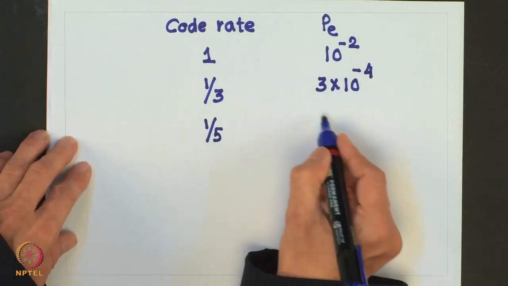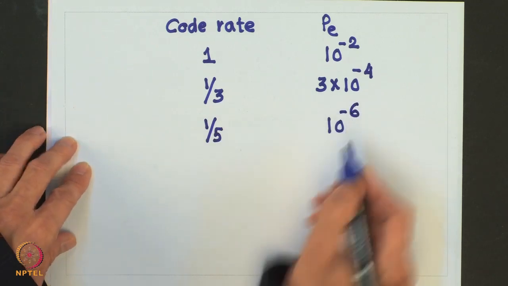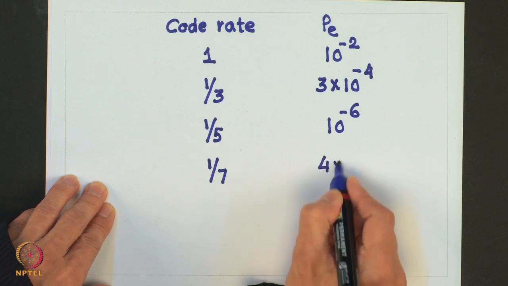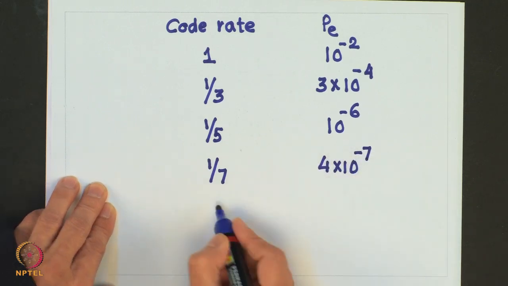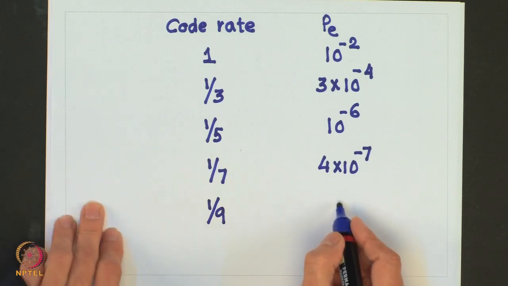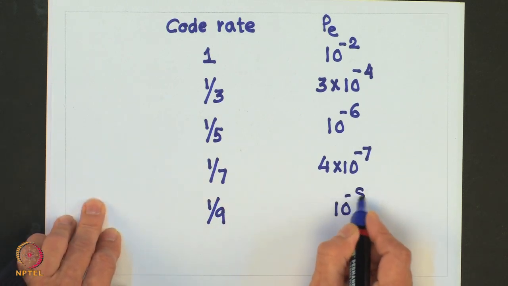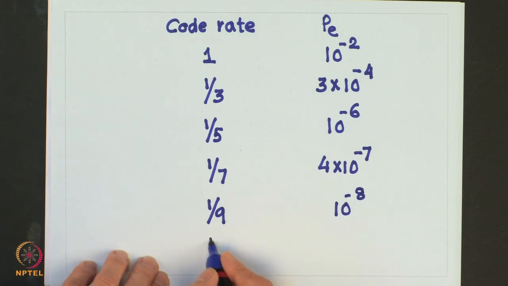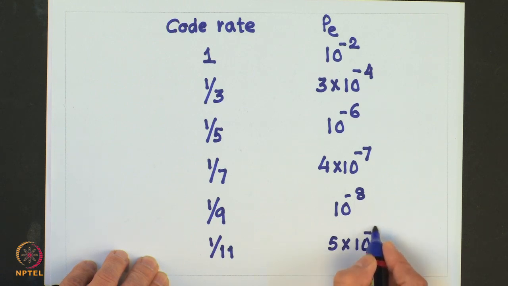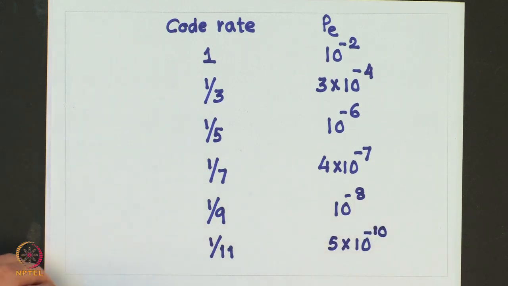For code rate 1/5, this is 10 raised to minus 6. For code rate 1/7, this turns out to be 4 multiplied by 10 raised to minus 7. Code rate 1/9 gives 10 raised to minus 8, and 1 by 11 gives 5 multiplied by 10 raised to minus 10, correct.